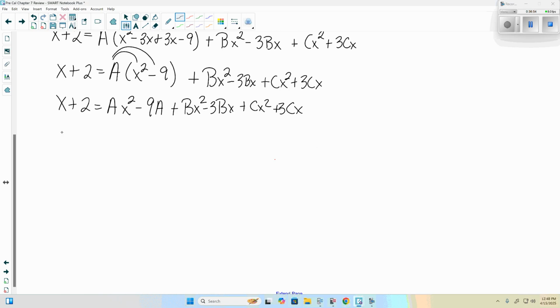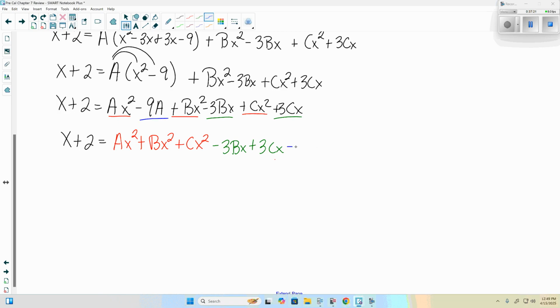And again, if it does help, reorder them. ax squared plus bx squared plus cx squared. Then we have our x terms: negative 3bx plus 3cx.